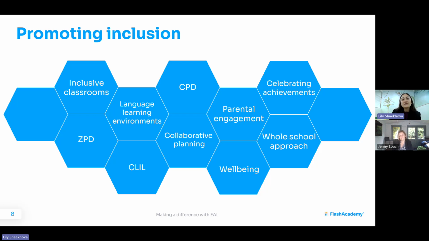And we also believe that inclusion doesn't just happen in English or EAL lessons. It needs to be embedded across all subjects. And when we talk about key leadership teams, we talk about strategically ensuring that these policies are implemented across the school.